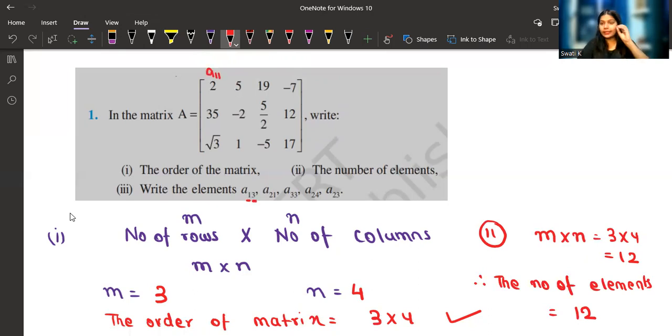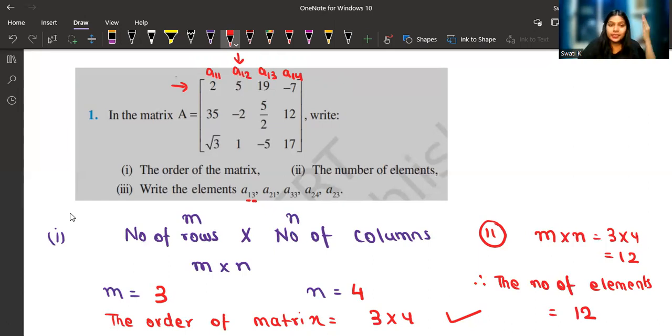That means the entry in the first row, first column. This one is A12. That means we are in the first row, but second column. That is why A12. This one is A13, this one is A14. Why is the first number 1 only? Because the first one is indicating the row, right? Of course, it is in the first row. So that is why 1, 1, 1, 1.